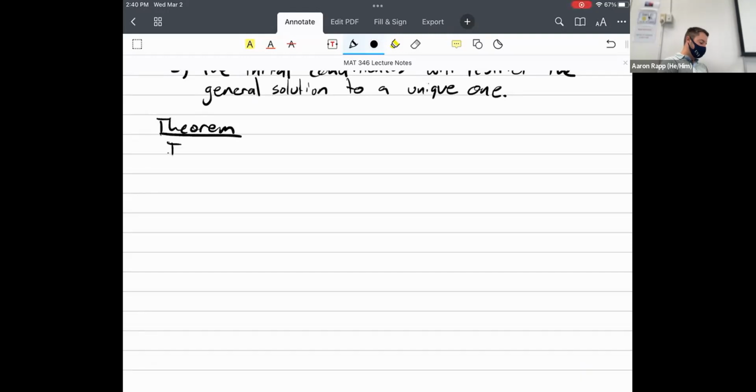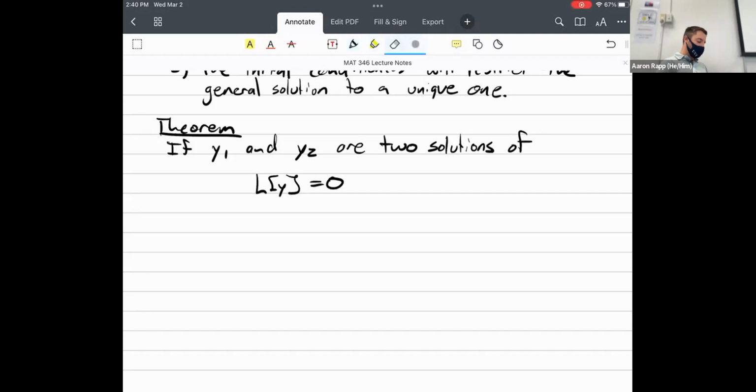So, theorem. If y1 and y2 are two solutions of the differential equation, so just some linear function of y, which we're going to assume for this discussion in class, that's the second derivative of my solution plus some function times the first derivative plus another function times the solution, and I want it to be equal to 0.